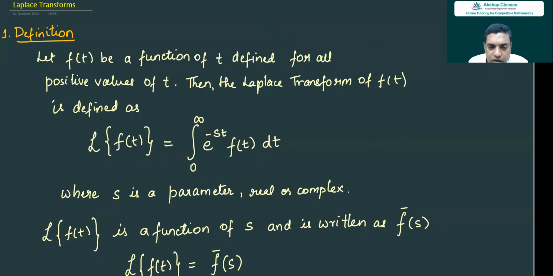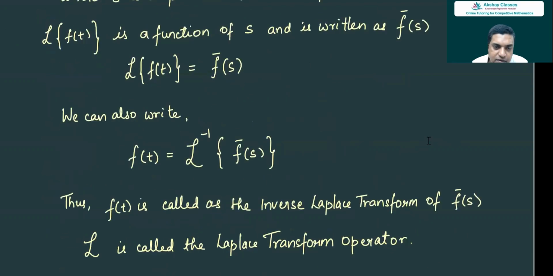In the last class, we defined the Laplace transform of a function as the integral from 0 to infinity of e power minus st times that function. And that will be a function of the parameter s.